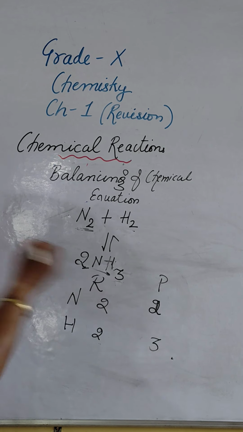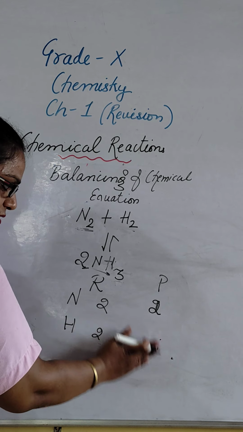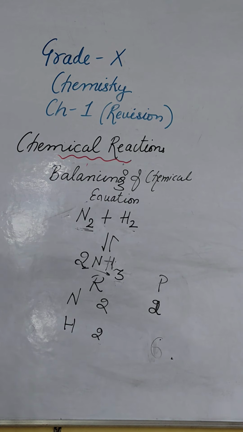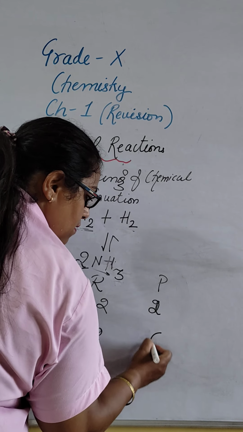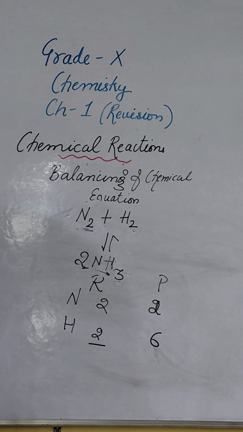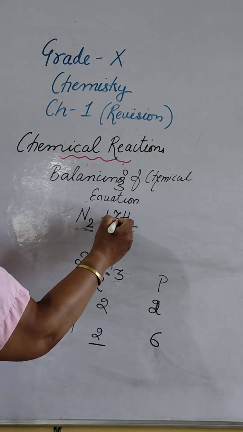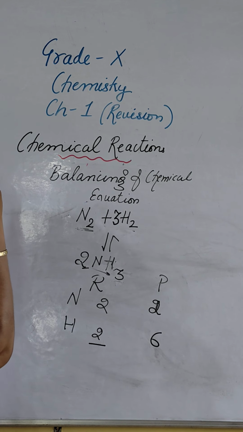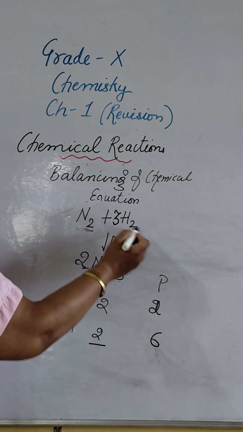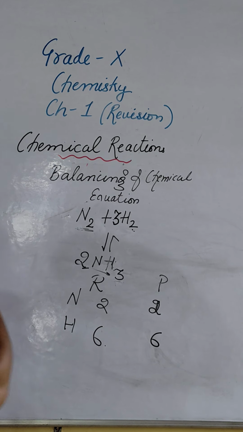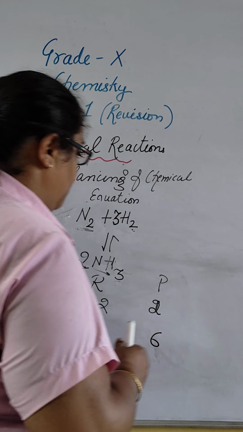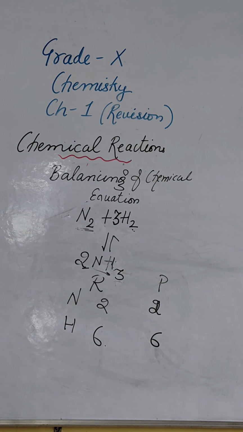So here hydrogen now becomes 6, and on the reactant side it is already 2. So how can we change it? If I put 3 here, then 3 into 2, 6. Now again check, whether your equation is balanced or not. So please check your equation is balanced. Okay?